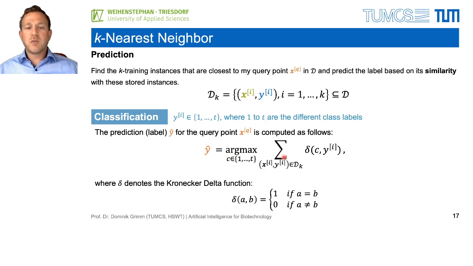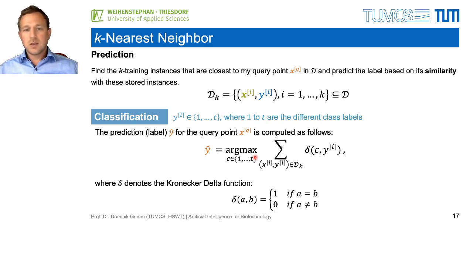For example, if k is equal to 10, 5 of my data points belong to class 1, 4 data points belong to class 2, and 1 data point belongs to class 3. And then we take the argmax, which tells us which of the classes has the highest count. With this formula we can compute the majority vote.